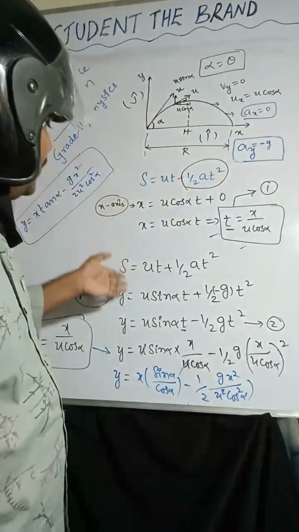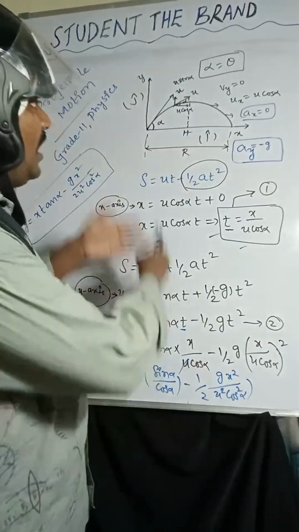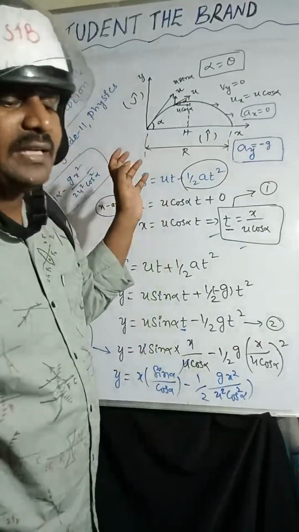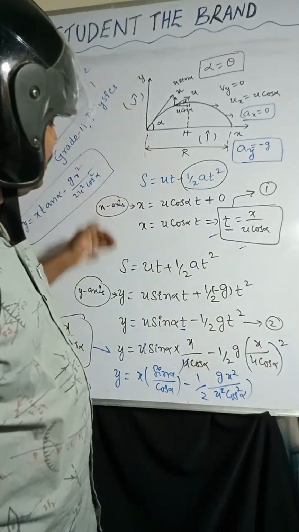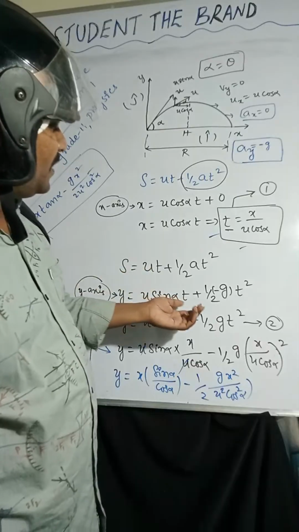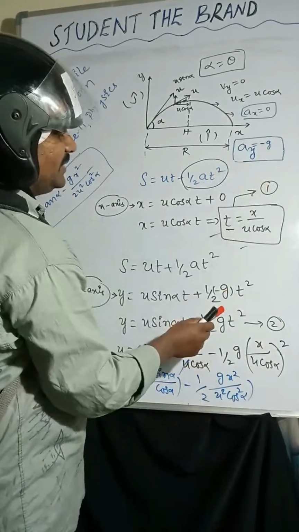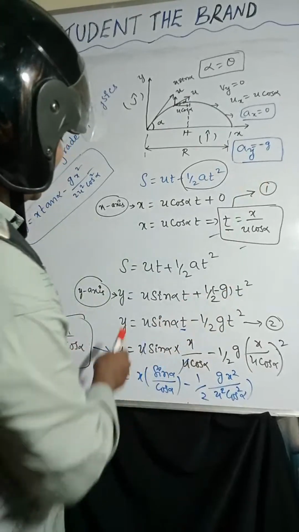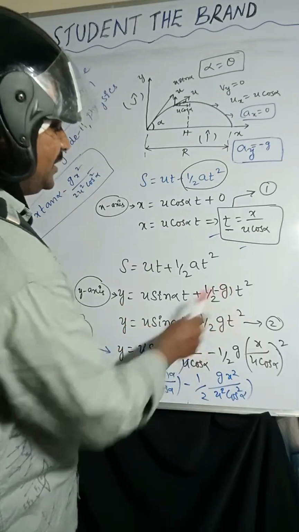When you are coming to the y-axis, you have to think only about the y-axis. So what are the components? y equal to u sine alpha t plus half ay t square, and I already said ay equal to minus g. So the y component: y equal to u sine alpha t minus half g t square.